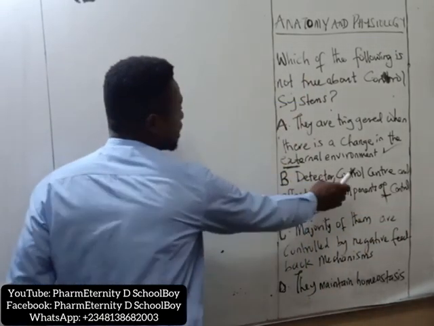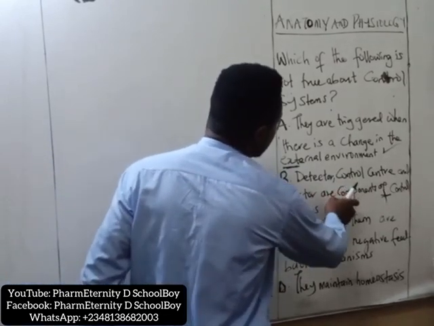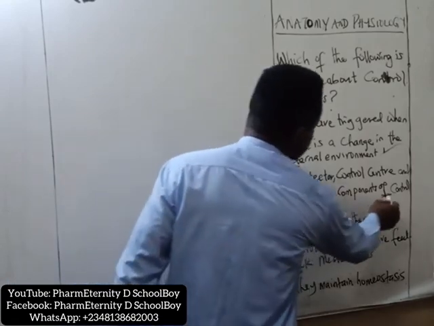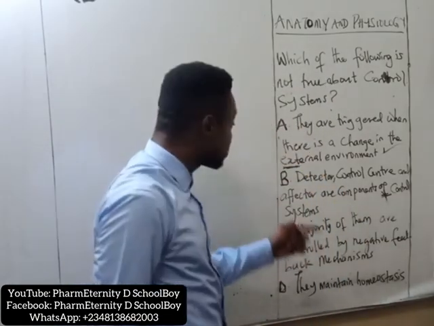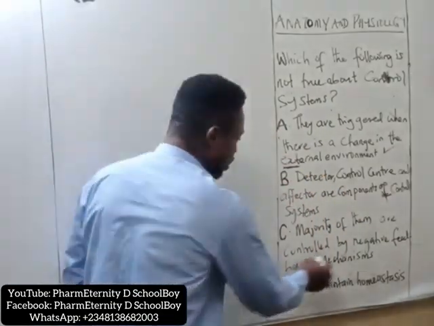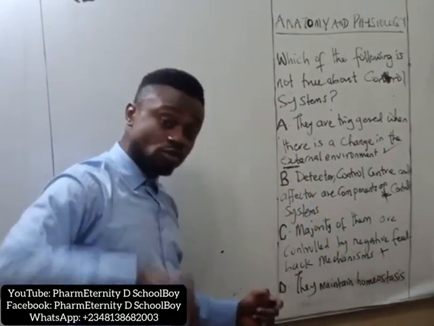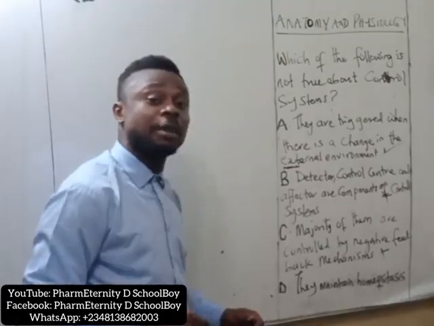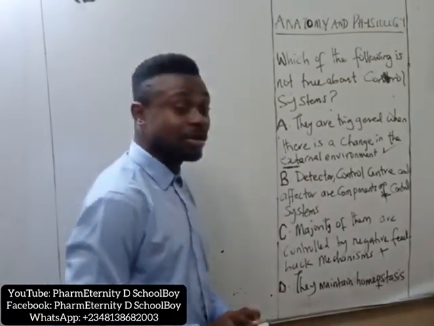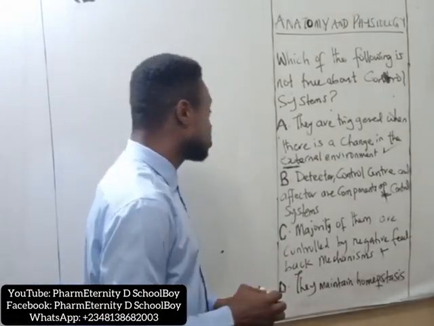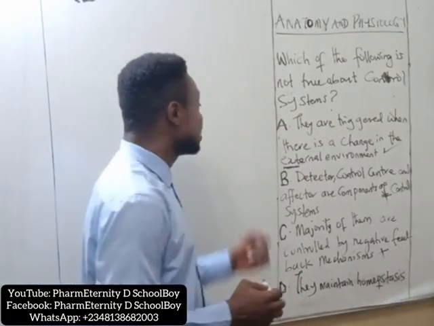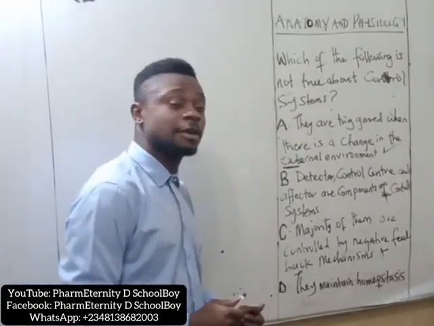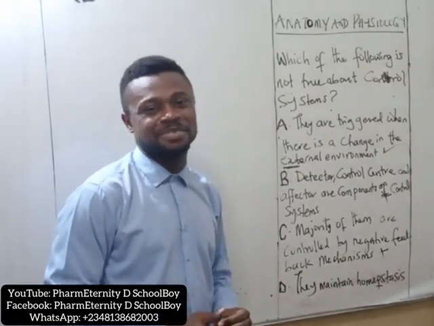So, this one is not the answer because it's true about control systems. And this one is also not the answer because it is true about control systems. This one is not the answer because it is true about control systems. A is the answer because A is not true about control systems. Control system is triggered by a change in the internal and not external environments.